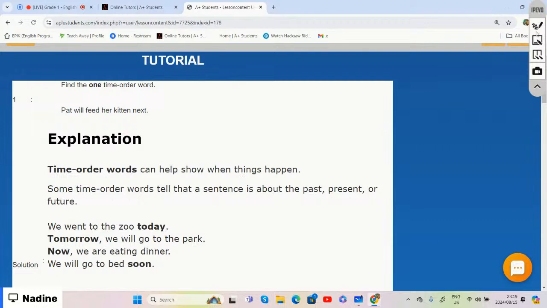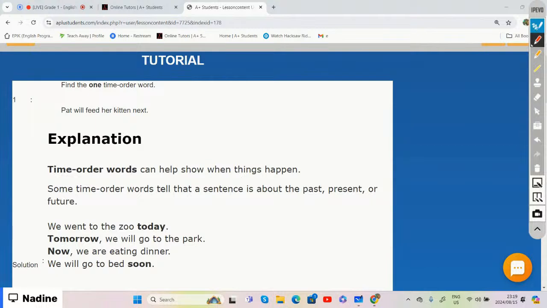If we were to choose our time order word, we can say next is our time order word. So Pat will feed her kitten next.